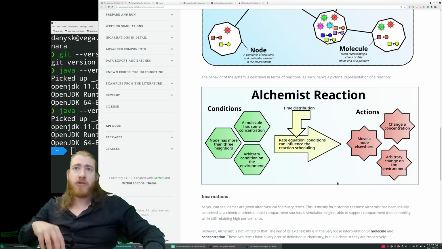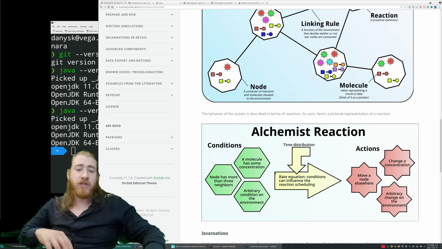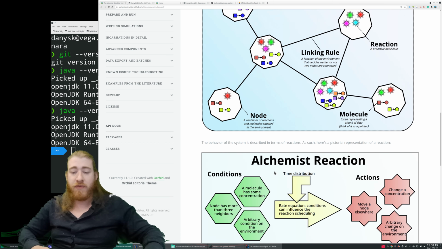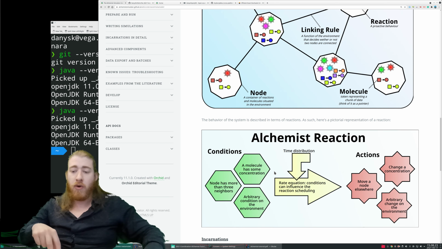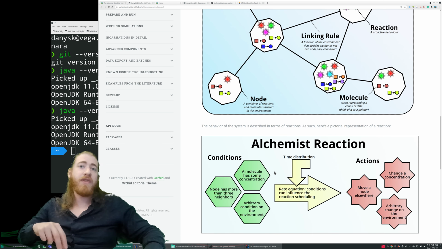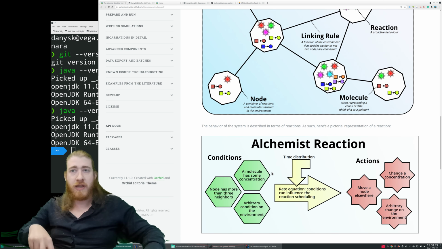Reactions do not trigger as soon as the conditions are met, but rather they are scheduled according to a time distribution and a rate equation. The time distribution is a distribution of times. It determines how often the reaction would happen if the conditions were constantly met.